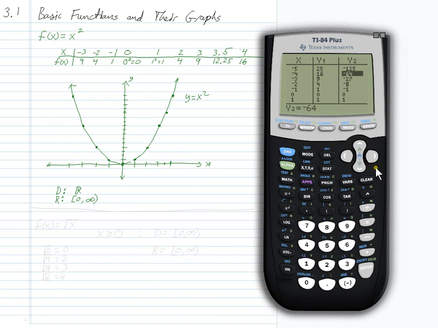And -5 as the input gives us -125. So we can see how this function goes upwards to the right and downwards to the left when we look at the graph. And that's reflecting those points that we found using the table.